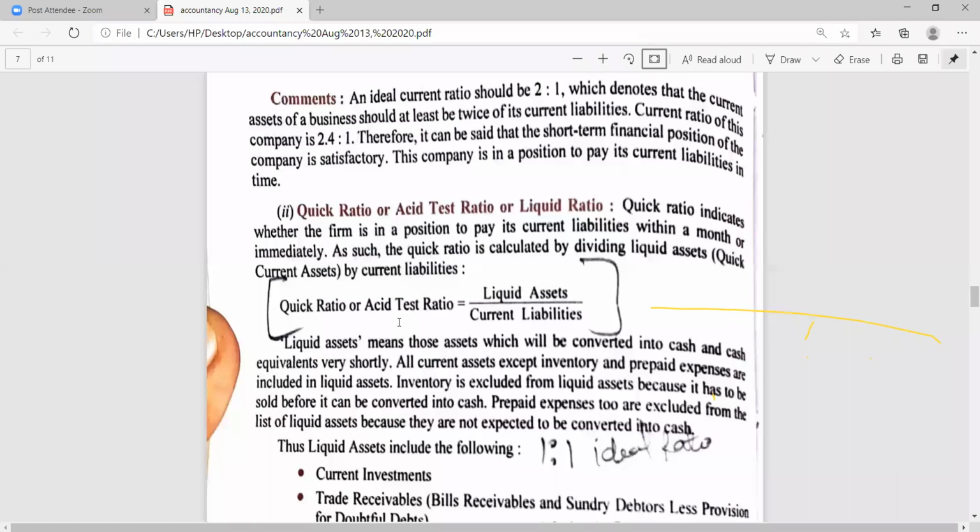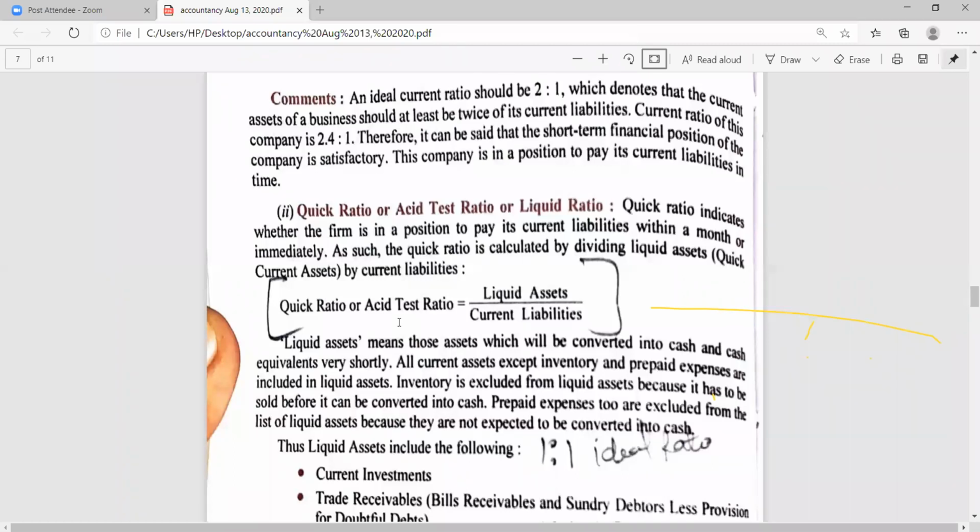These liquid assets are known as quick assets as well. So liquid assets means those assets which will be converted into cash and cash equivalents very shortly. All the current assets except inventory and prepaid expense are included in liquid assets. Inventory is excluded from the liquid assets because it has to be sold before it can be converted into cash.